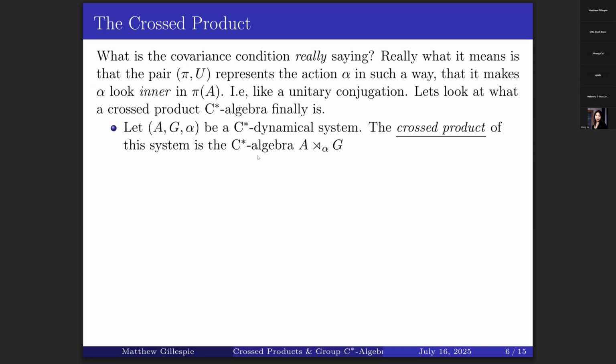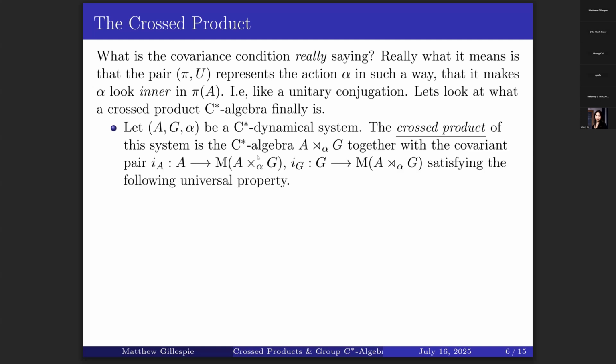So the cross product is a C-star algebra, A cross G, together with a covariant pair of homomorphisms, in this case i sub A, which is faithful, even though I didn't write that here, it's not very necessary, and i sub G. Both together are a covariant homomorphism of A and G into the multipliers of this C-star algebra.